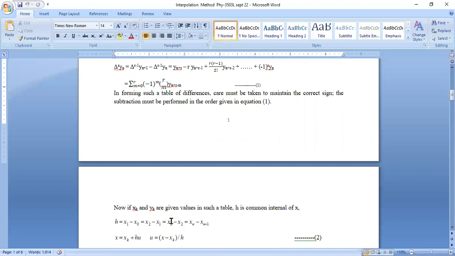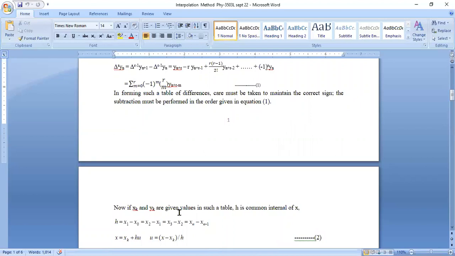Now, if xk and yk are the given values in a table, let me explain what xk represents and what yk represents. Generally, we are calculating the value of y for a given value of x, where x is not listed in the table.